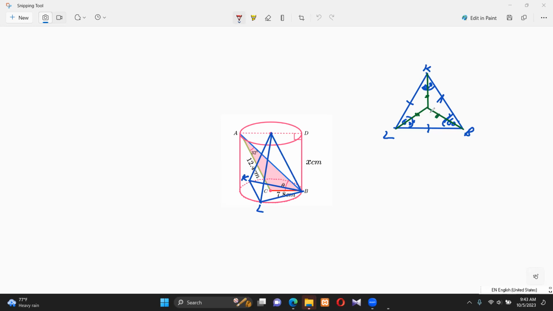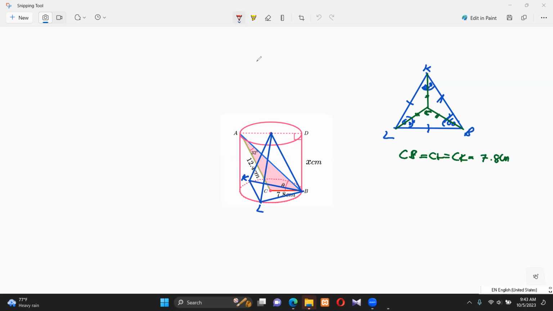It's nothing else, just CB. CB equals that's the radius, and CL and CK, all of them are equal with each other. CB equals CL equals CK equals 7.8 centimeters, right?